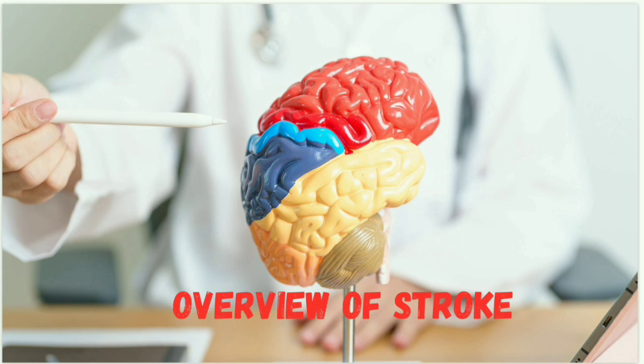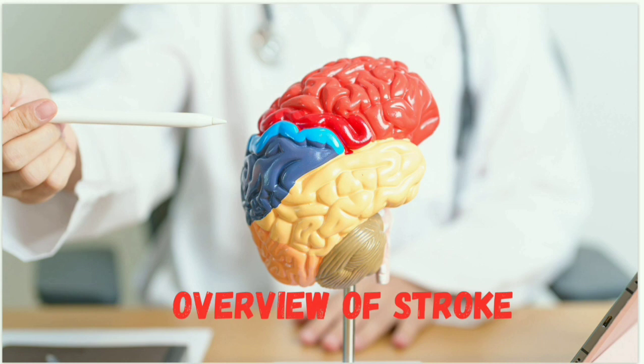I feel the public really needs to know what stroke is about, the types, and how it can be prevented. Recently I see several patients coming down with stroke, and I know that this could have actually been prevented if they took certain measures. So just follow me along and enjoy this short presentation.